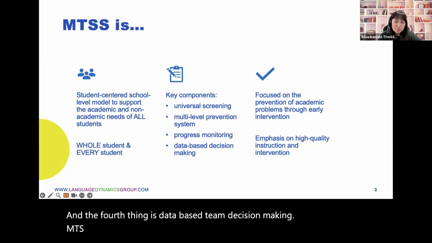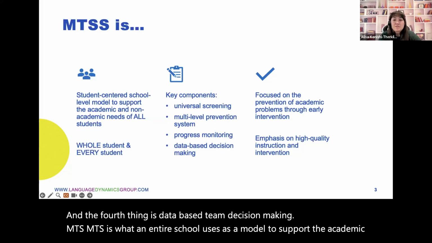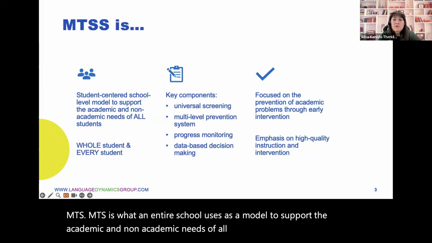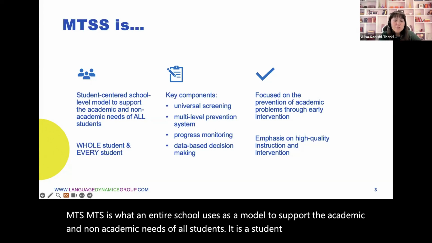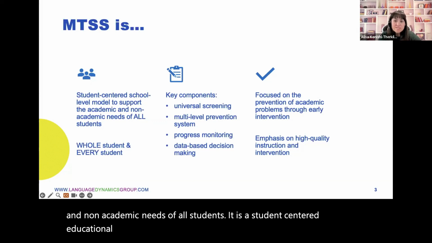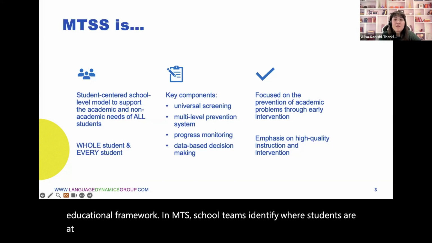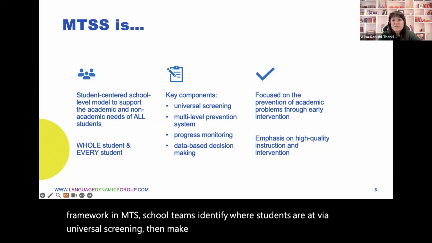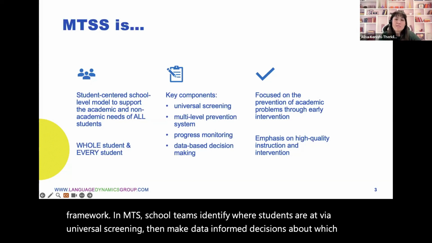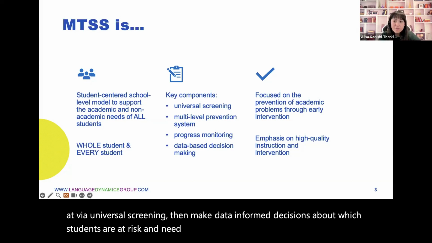MTSS is what an entire school uses as a model to support the academic and non-academic needs of all students. It is a student-centered educational framework. In MTSS, school teams identify where students are at via universal screening, then make data-informed decisions about which students are at risk and need additional supports.